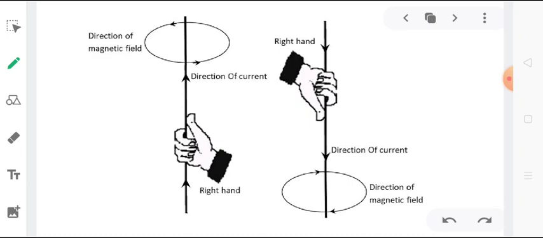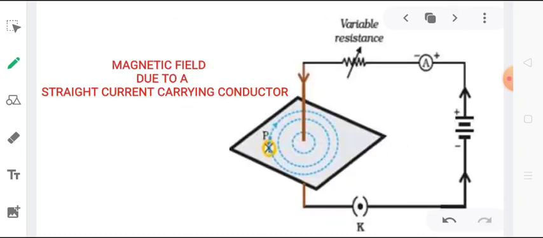Today we will be discussing the magnetic field due to two types of current carrying conductors. First, due to a straight current carrying conductor, and secondly, due to a circular wire loop, or what we commonly refer to as a circular current carrying conductor.